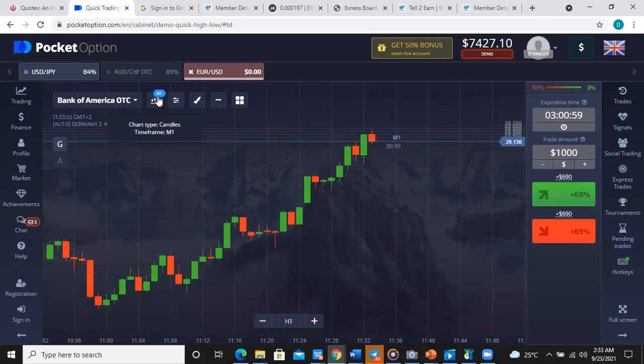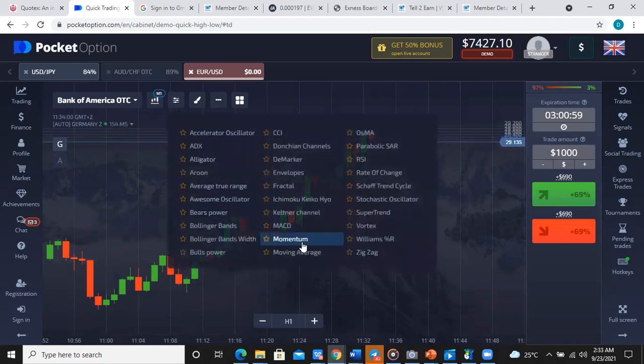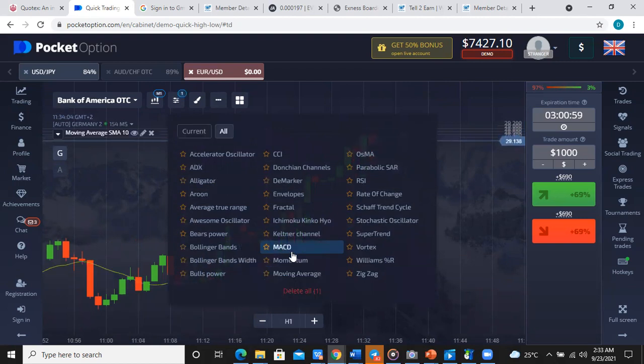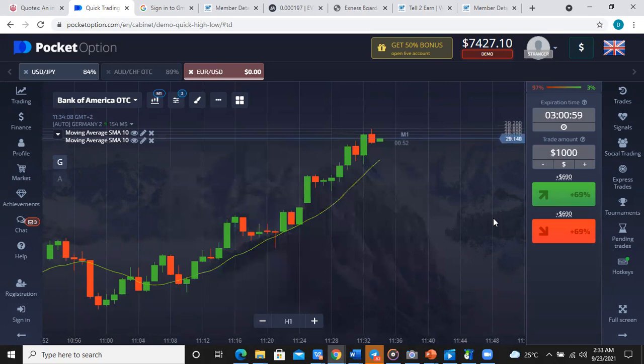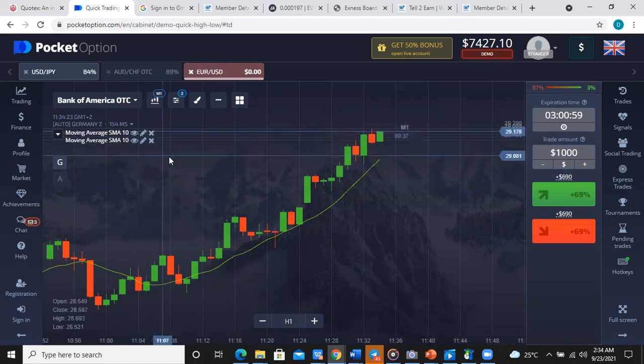I'm here again at the indicators column, and I've picked moving average over here. 1, 2, because I need 2. It can be 1, but because I want to show you the SMA and the EMA, the simple moving average and the exponential moving average.